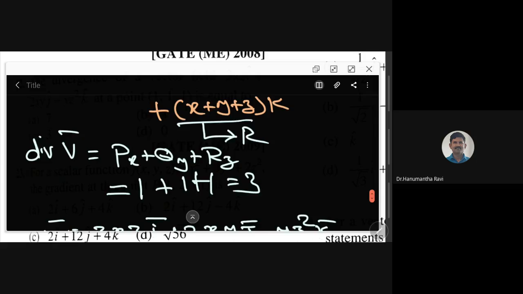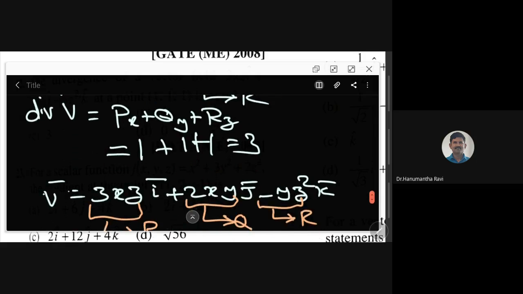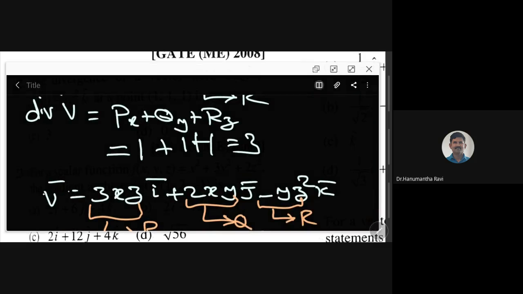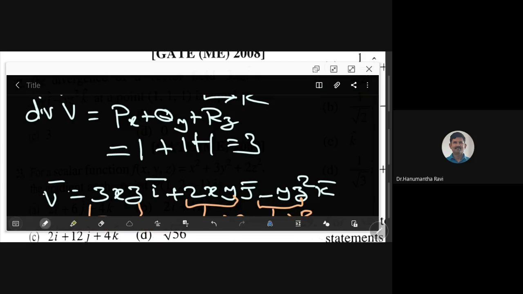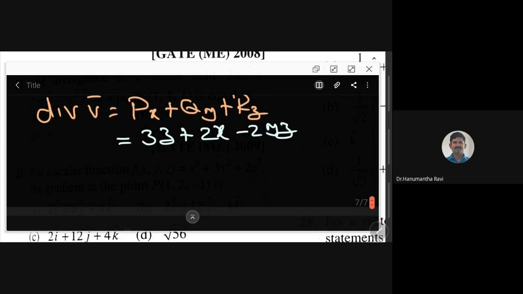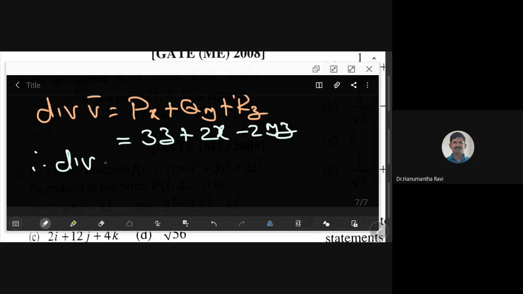Okay. So we are asked to find the divergence at 1, 1, 1.